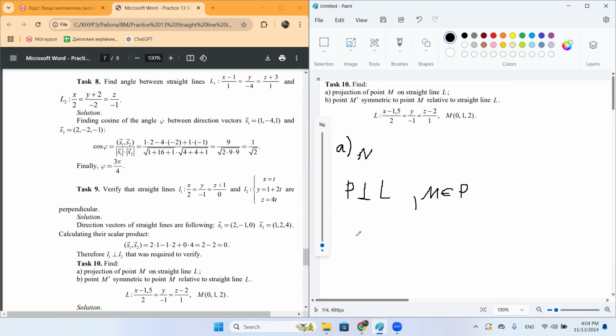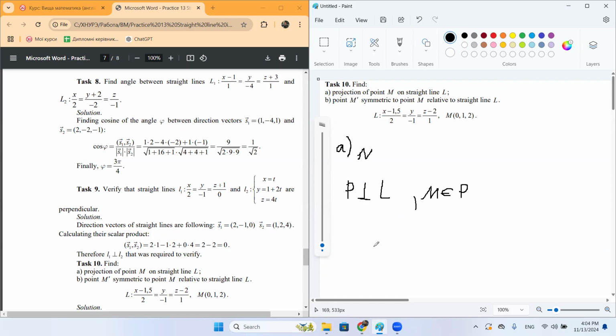So how to find the plane P? How to find the normal vector? We have the point, we need also a normal vector. Any ideas? So plane P and straight line L are perpendicular.